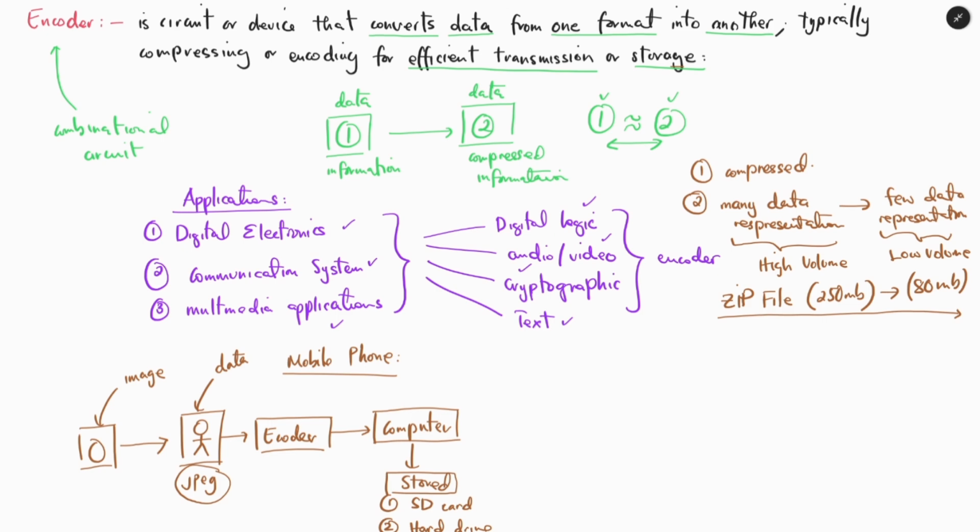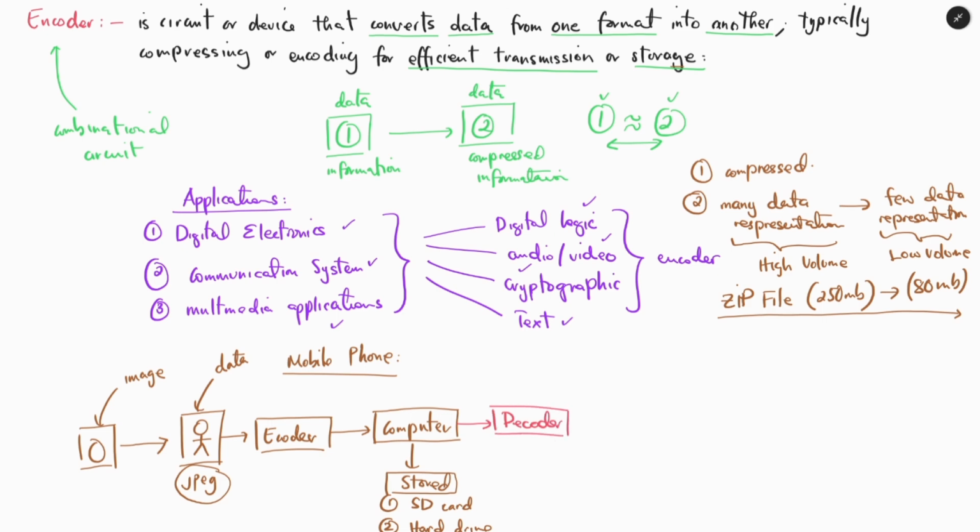And if I expand by giving a definition of the decoder, which is the opposite, it operates such that if we now want to show the stored information, such as this image, we need nothing but a decoder.